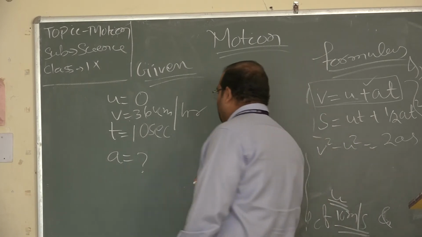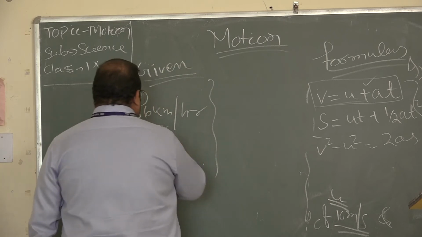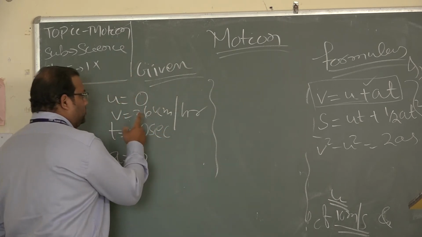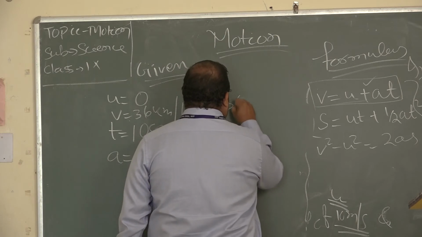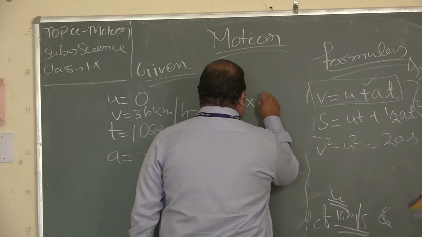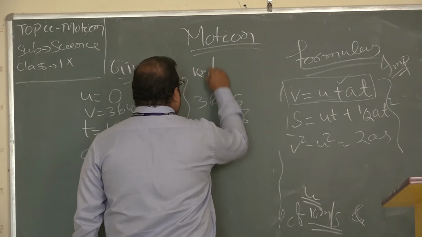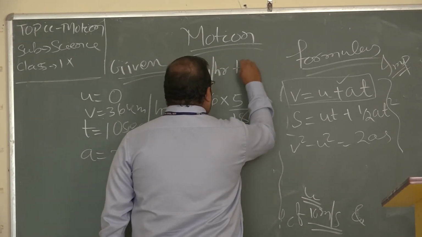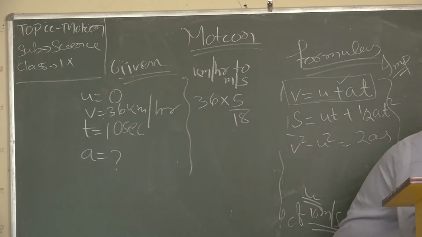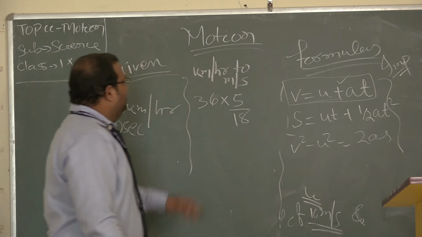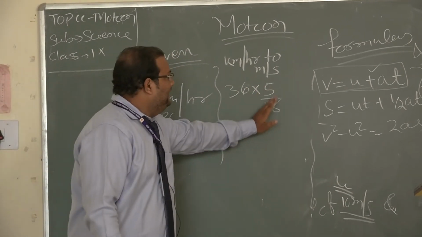Now there is an important, very easy formula to convert 36 km per hour to meter per second. To convert kilometer per hour to meter per second, we have to multiply by 5 by 18.